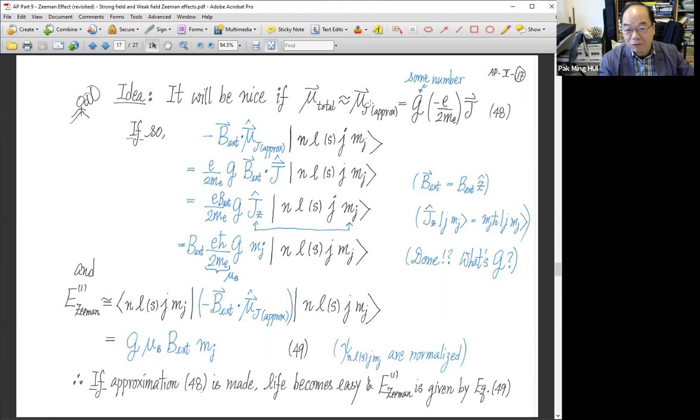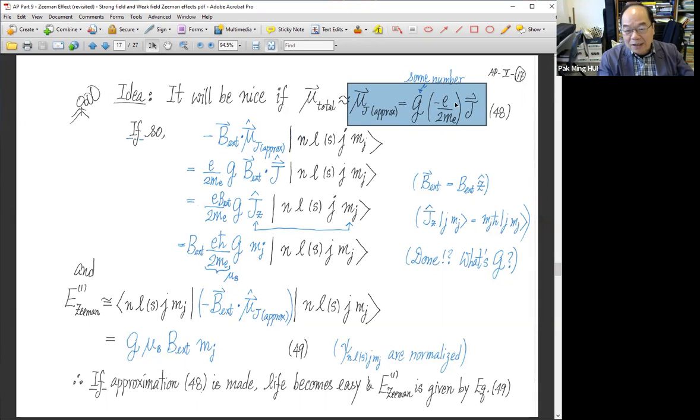If, big if here, we can assume the total magnetic dipole moment to be parallel to J, although it is not in the formal expression. Okay, so at least we have found something that we want to do. We hope that we can do it, as an approximation.